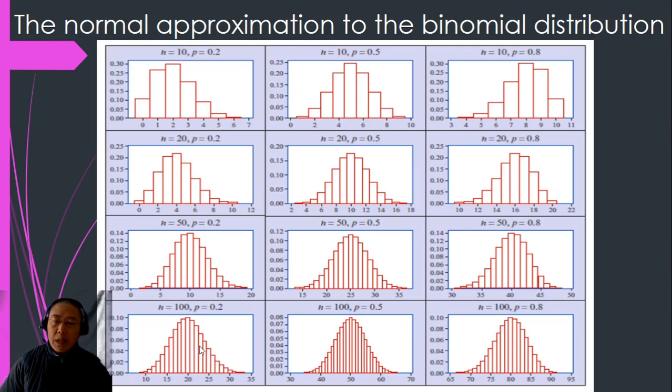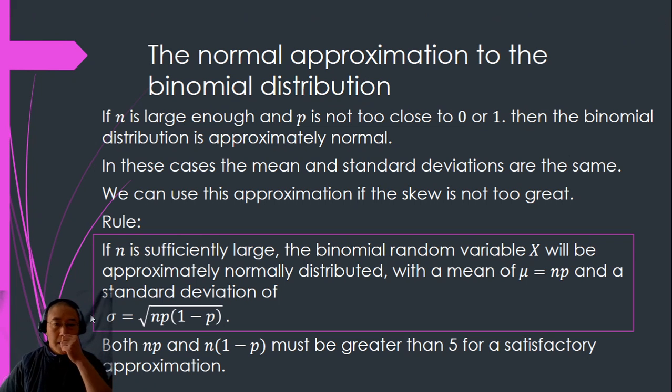As it converges towards a normal distribution, we can apply all the rules that we know: the empirical rule, the standard normalization, and the symmetric properties. As I said before, if n is large enough and p is not too close to 0 and 1, you don't want to be extreme.